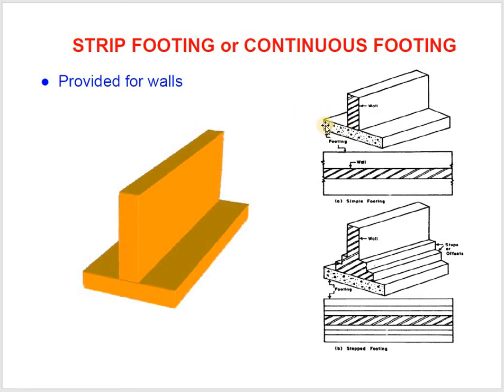So this is a footing base and this will be the wall. Normally when we construct houses and all, you know that we give a rubble masonry, and on top of that we give a belt of concrete, and then on top of that we construct the wall. So it is a similar case. It's just an example of strip footing.